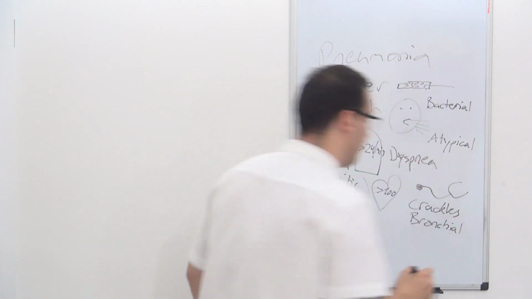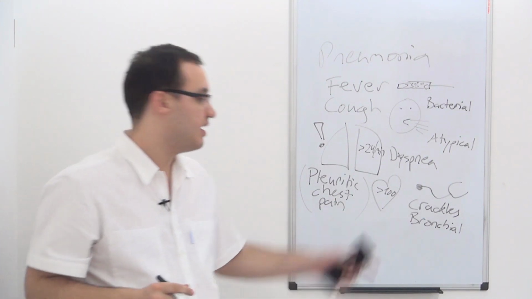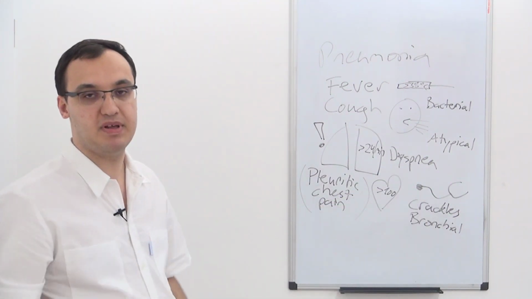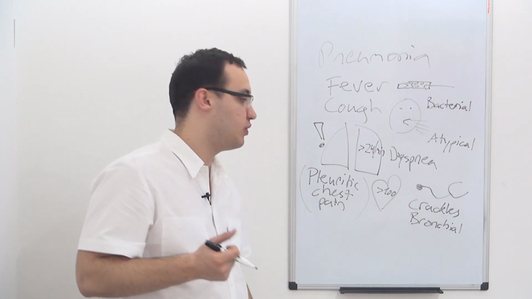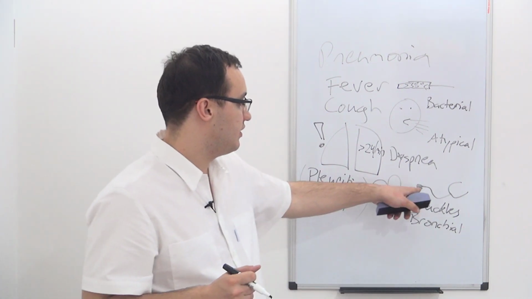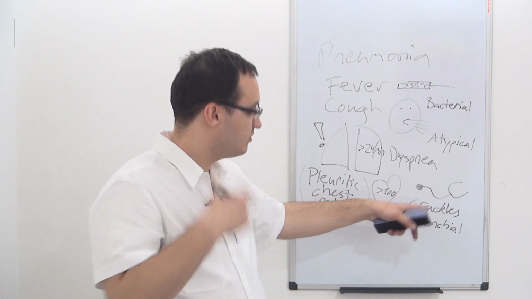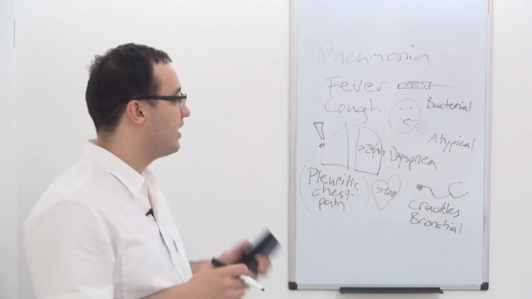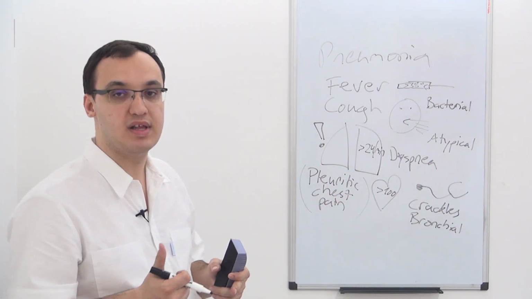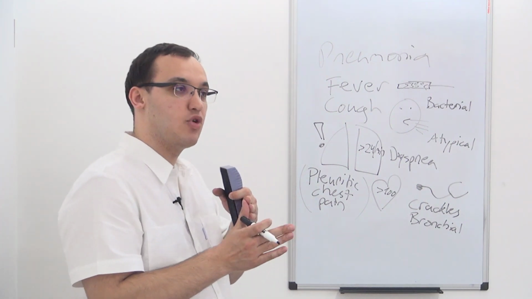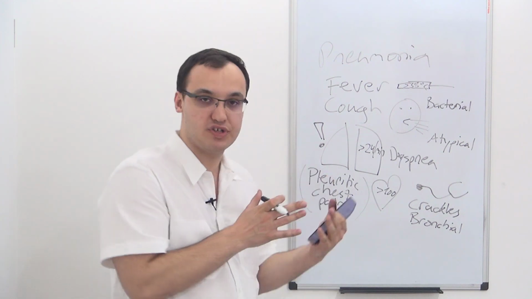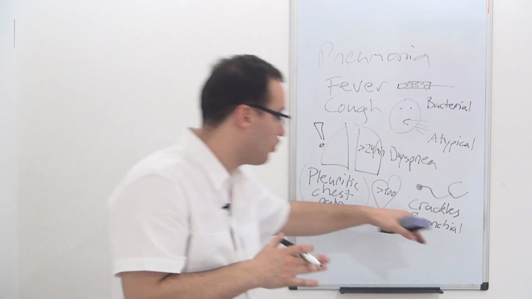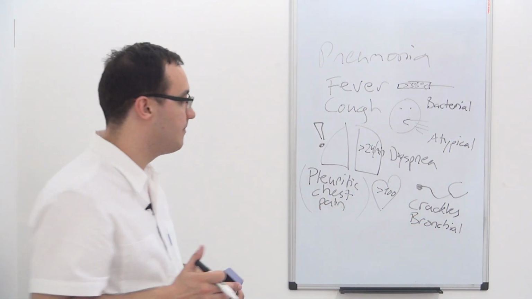And if you're curious about how this sounds, then go to YouTube, type it, and you will find some good samples of a stethoscope showing how, for example, bronchial sound will sound compared to the vesicular sound. So the vesicular sound is the normal one and bronchial is the abnormal one, okay?